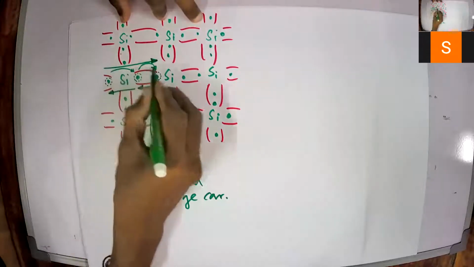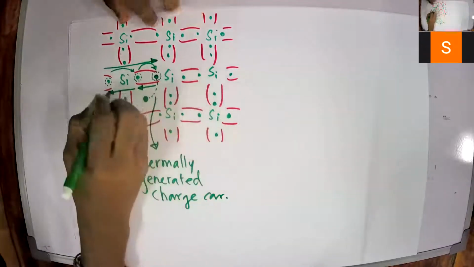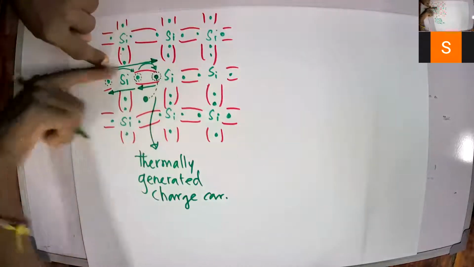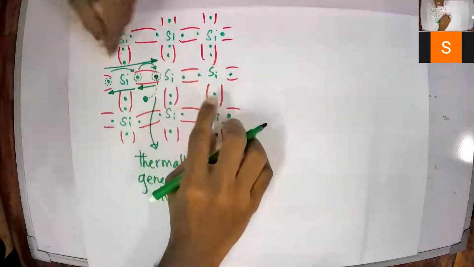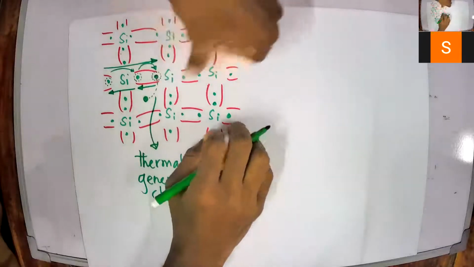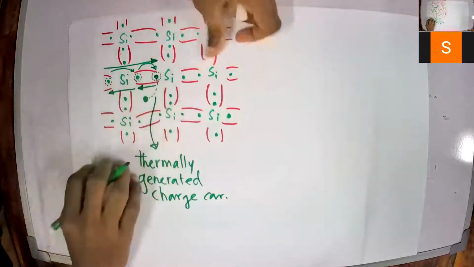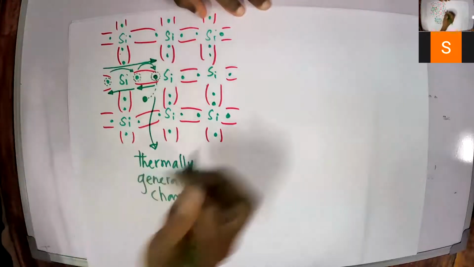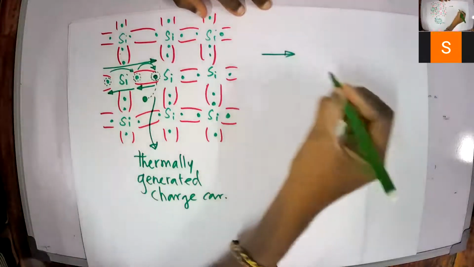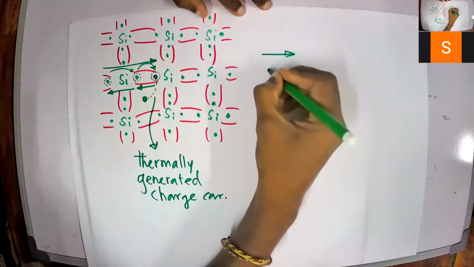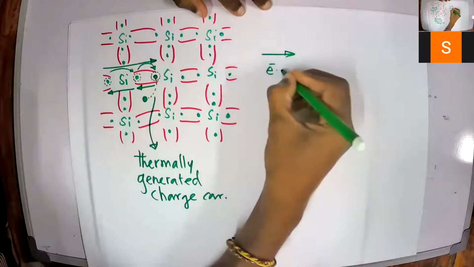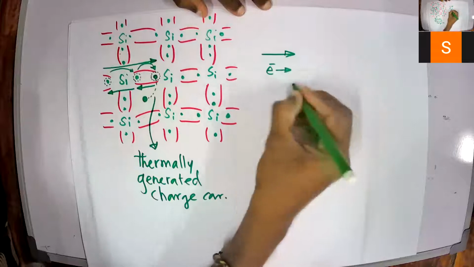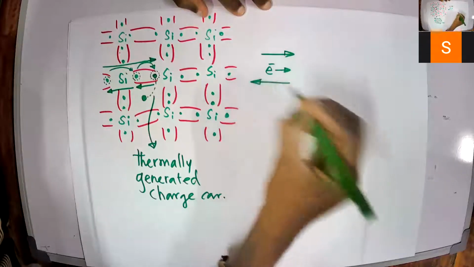Whenever the electron is filling the holes, the electron is going in one direction, but virtually the hole is moving in the opposite direction. What is the direction of current in a conductor? If electrons are moving in this direction, then the current direction will be the opposite.